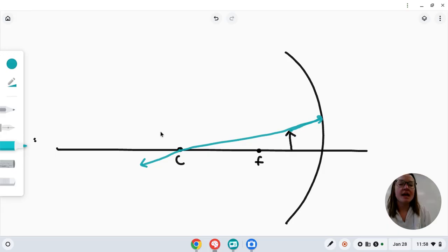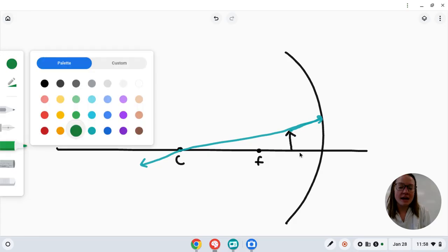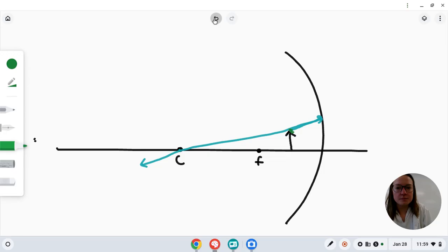The next rule is that a light ray that goes through F will go back parallel to the optical axis. Now, here's the issue: my light ray is not going to go through F, because I want it to go up to the mirror. So I start my light ray right on top of my object, and I draw it as if it would go back through F if it could.